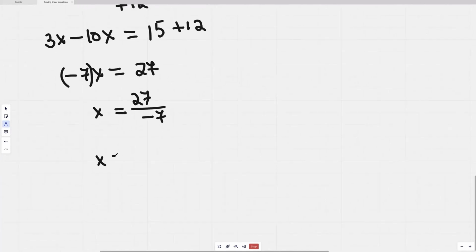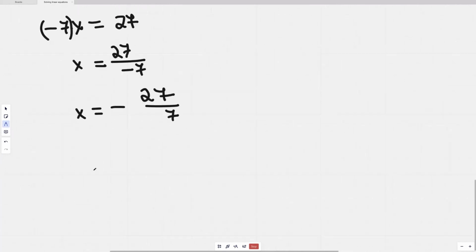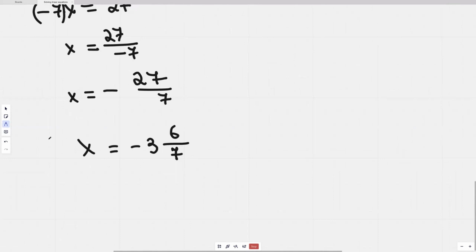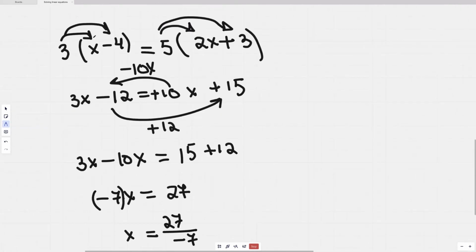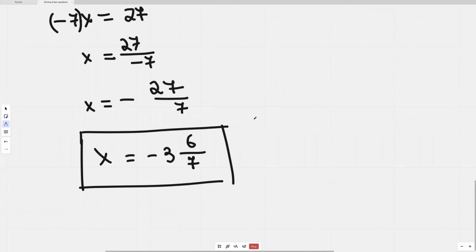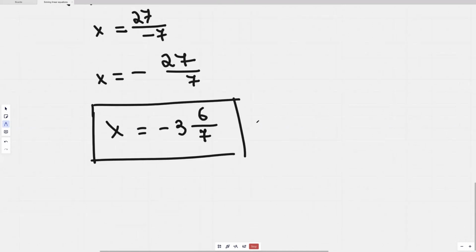So x is equal to minus 27 over 7, or x is equal to minus 3.86. Yes, this will be our final answer to this question. Firstly, we expanded the brackets and then solved it as the first rule.